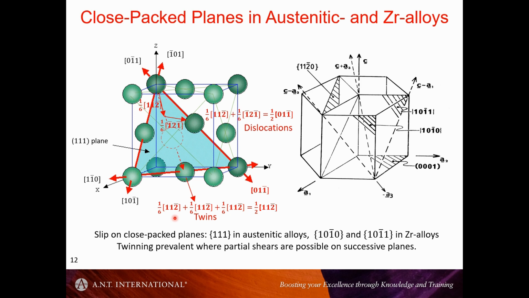Twinning is a bulk shear, and what happens is that for a single twin operation, for example, a unit twin operation, you have the first partial on one plane, and when you see it in the ball model, this atom can only go that far because it bumps into another atom, so it can't go any further. But the atom on the plane above can move in the same direction, and then the atom on the plane above that can move in the same direction.